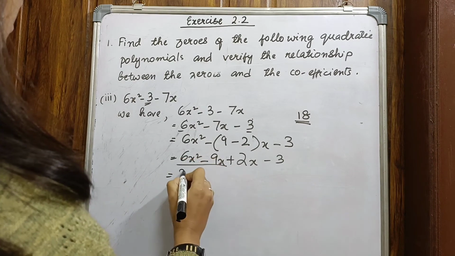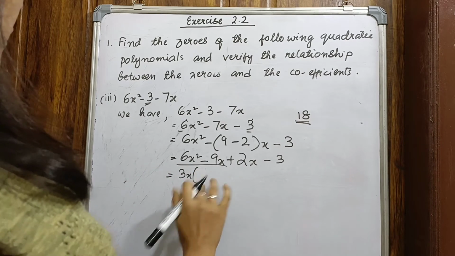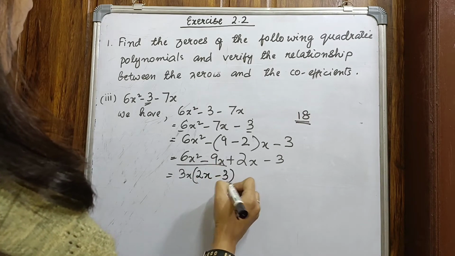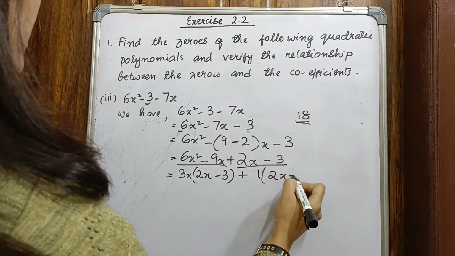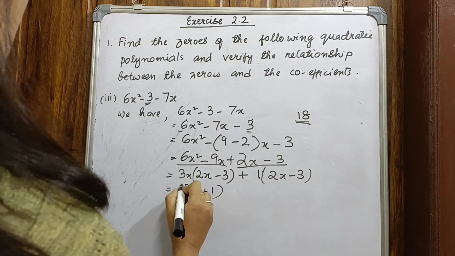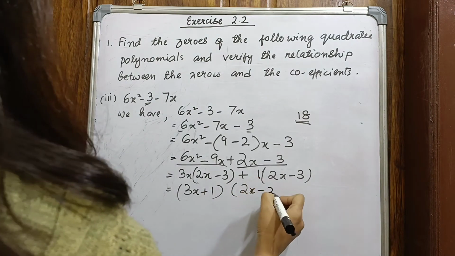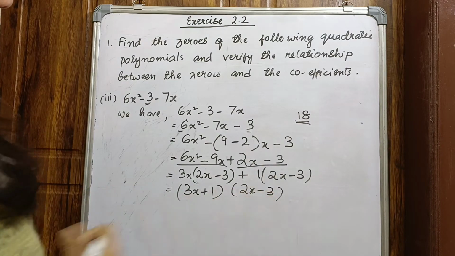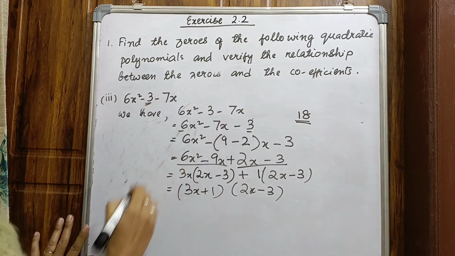Here 3x is common: 3x into 2x minus 3, since 3 2s are 6 and 3 3s are 9. Plus 1 is common between these two: 2x minus 3. So we have 3x plus 1 and 2x minus 3.